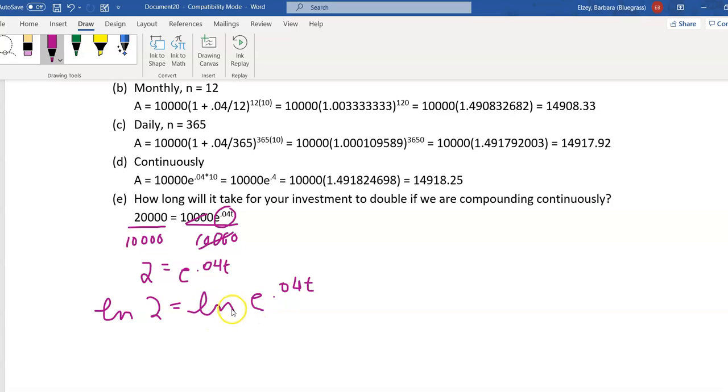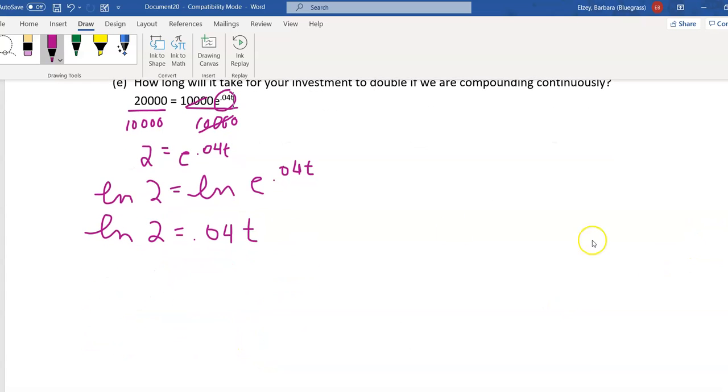Here the natural log and e always cancel each other out, so we're going to get 0.04t. And then let's finish solving for t. Let's divide out the 0.04 that's with it. And then we'll have our answer.